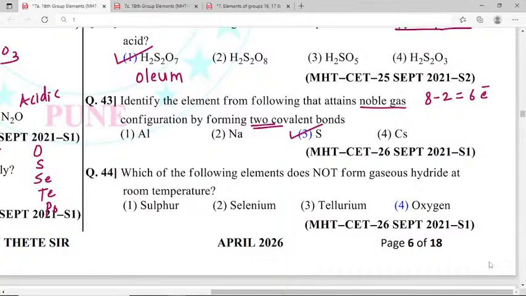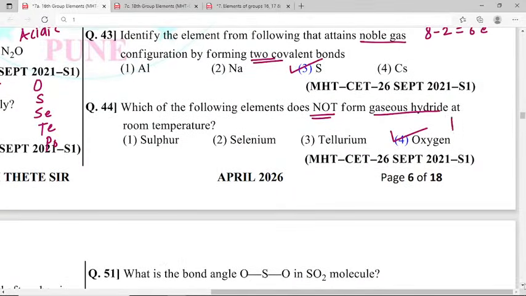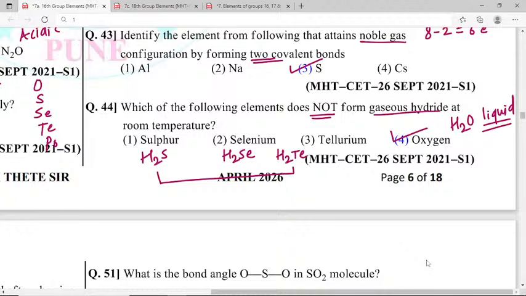Which of the following element does not form gaseous hydride? Oxygen does not form gaseous hydride at room temperature. An example is water, water is liquid, due to hydrogen bonding. Remaining are gases: H2S gas, H2Se gas, H2Te. All these are gas due to hydrogen bonding being absent.